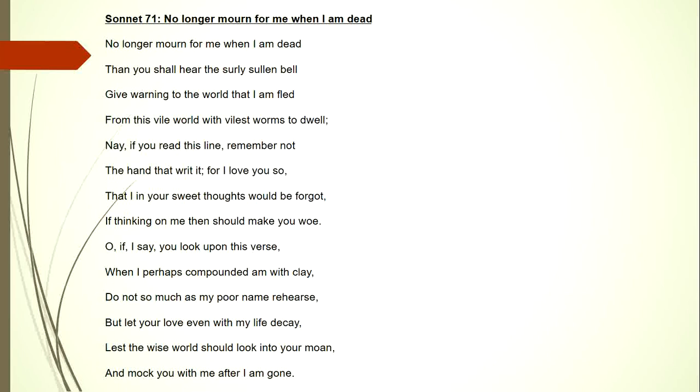Oh, if I say, you look upon this verse, when I perhaps compounded am with clay, do not so much as my poor name rehearse, but let your love even with my life decay, lest the wise world should look into your moan, and mock you with me after I am gone.